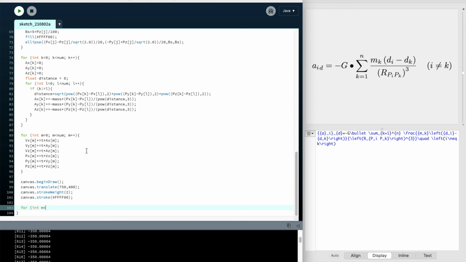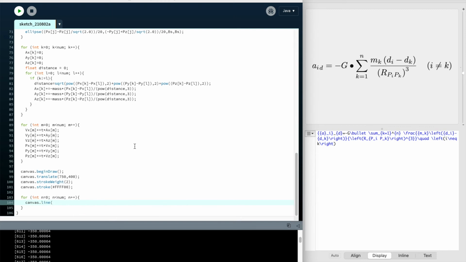So for int and for all objects, we draw a line that goes from previous px and previous py, and we always consider, so minus pz of n divided by square root of 2.0, and that plus previous z coordinate divided by square root of 2.0, comma px of n minus pz of n divided by square root of 2.0, comma py of n plus pz of n divided by square root of 2.0.